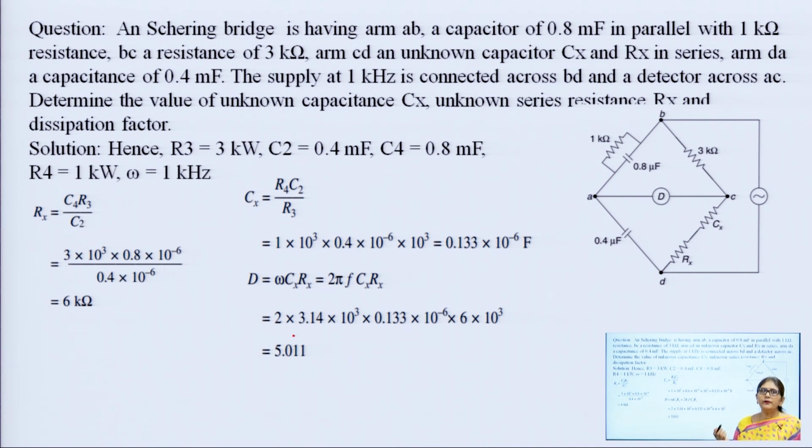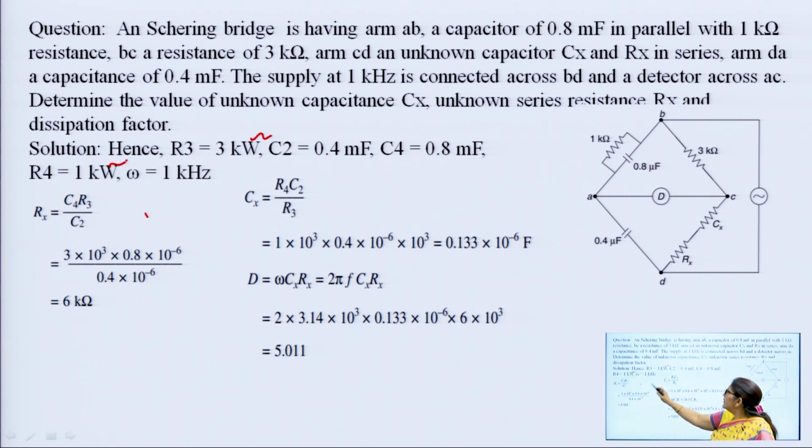So, we have to find out the unknown capacitance value when we have applied a source having 1 kilohertz of frequency. So, again R3 is in ohm, not in watt, it is ohm. So, again this is also a kilo ohm.